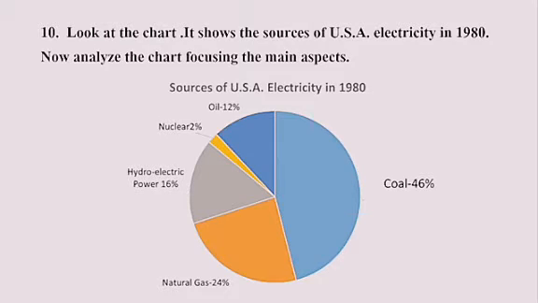And then what are the sources? The names of the sources are clearly given over here. And how much do they contribute to the total production of electricity in the USA? The contribution of these sectors is shown in this picture for 1980.